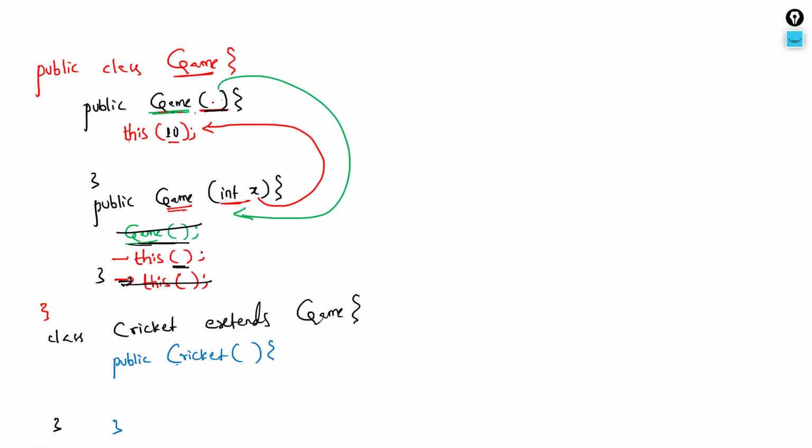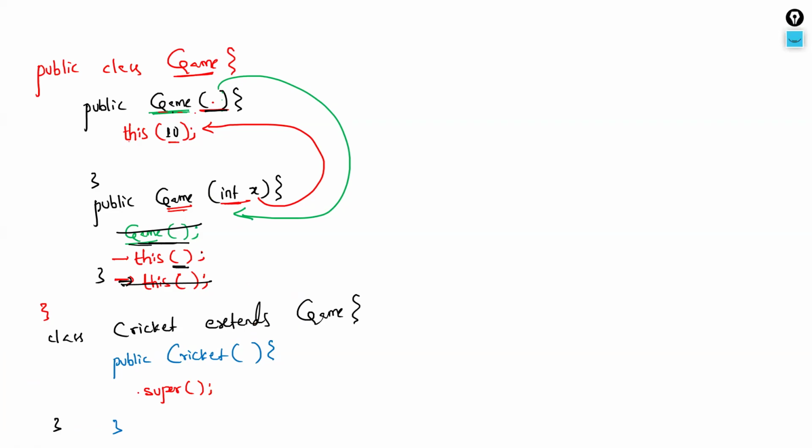Then from this child class constructor, is it possible to access the parent class constructor? Yes or no? The answer is yes, but what is the approach? Here we have to use a super function call. This function call is to access the current class constructor. Super function call is to access the parent class constructor. So here, super parenthesis.